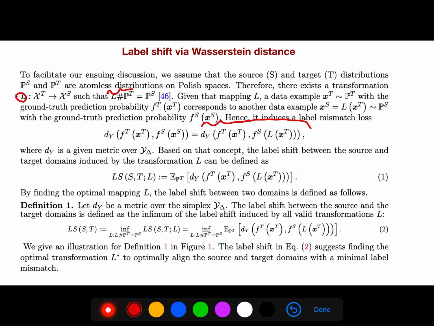I've explained this push forward in this reference in maybe previous video. Given that mapping L, a data example with the ground truth prediction probability corresponds to another data example.